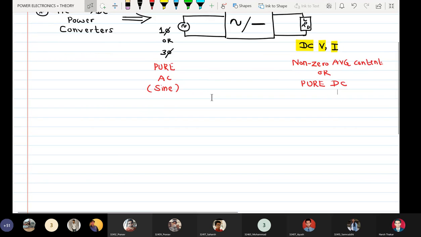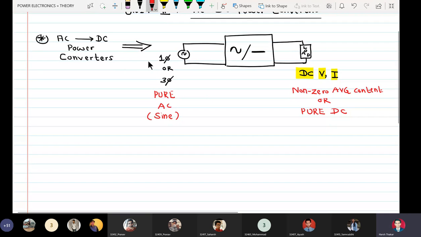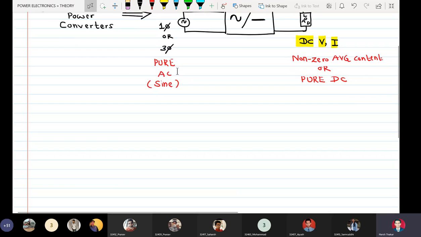Now a system which converts a single phase or three phase pure AC signal into a signal which has a non-zero average content or a pure DC can be of two types, and we have discussed this before also.